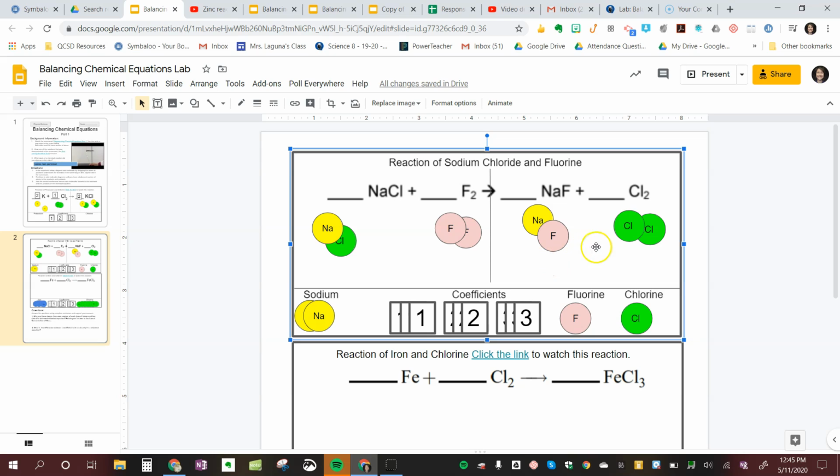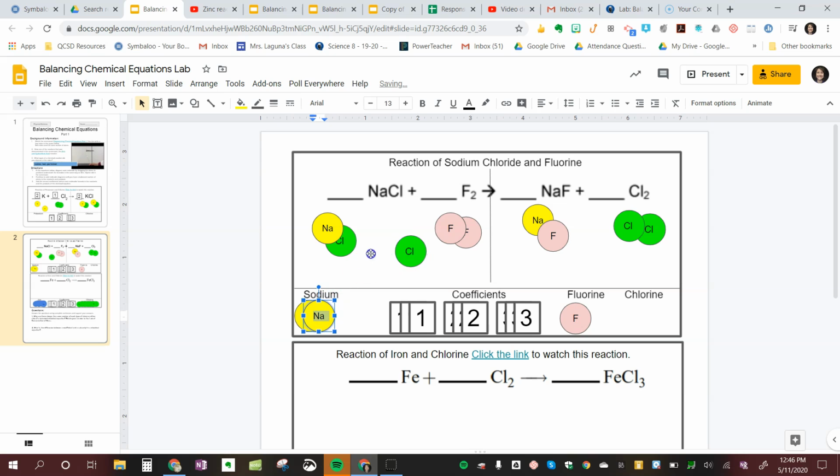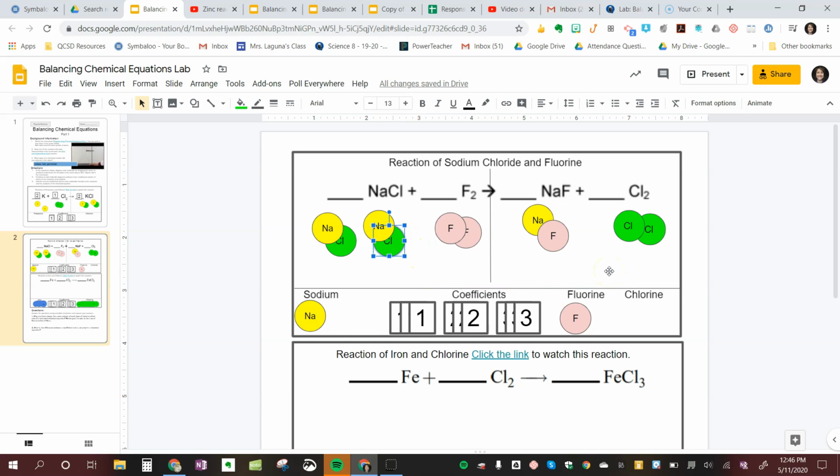Okay, so if the right has 1 more chlorine, then we need to put another one on the left, right? But you'd have to add a sodium with it, because they're connected. Very good. So let's put a sodium here. And then you'd have to add another sodium fluoride. To the right. Yeah, right there.